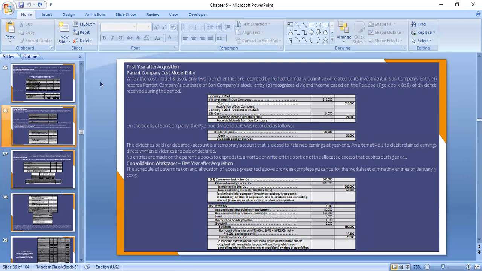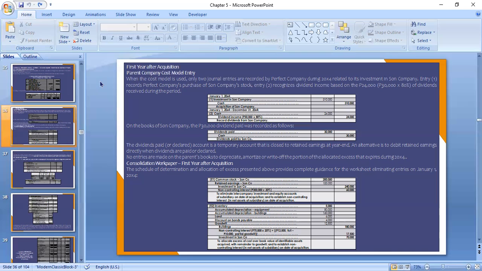So entry 1 records Perfect Company's purchase of Sun Company stock, and entry 2 recognizes a dividend income based on the 24,000, that's 30,000 times 80% of dividends received during the period.